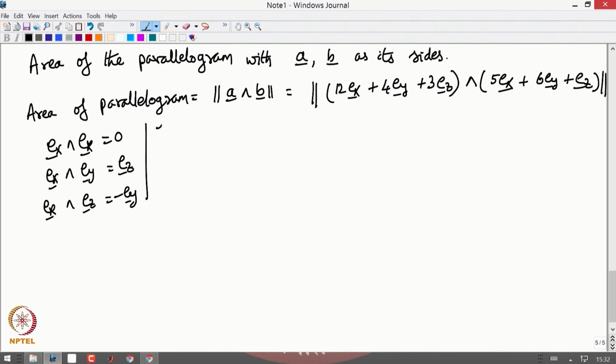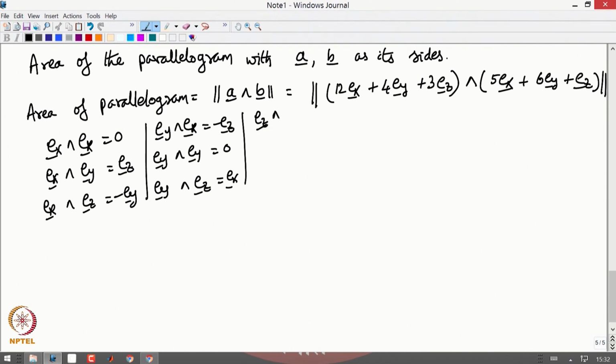Using the fact that E y cross E x is minus E z, E y cross E y is 0, E y cross E z is E x, E z cross E x is E y, E z cross E y is minus E x, and E z cross E z is 0, I can resolve this cross product.